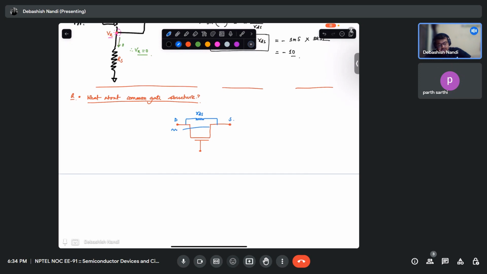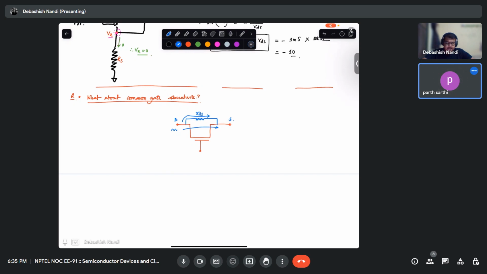Your signal will travel from this, and some portion of the signal will travel from this also. So what is the issue? No, there is RDS. So we neglected that RDS.